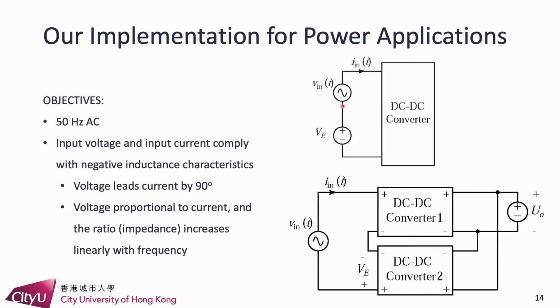Specifically, voltage has to lead current by 90 degrees, and the voltage should be proportional to the current with the impedance increasing linearly with frequency.